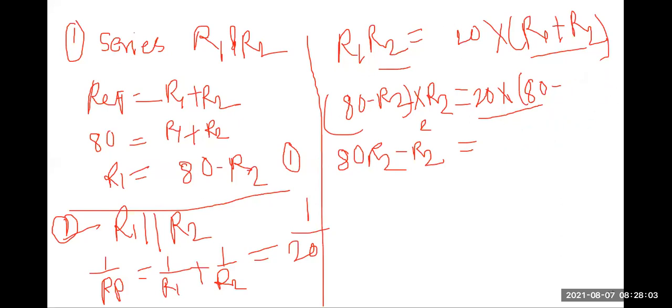How have we done this? So 80 minus R2 plus R2, if you want to multiply first, this 20 into 80, what will we get here? 1600. See here.